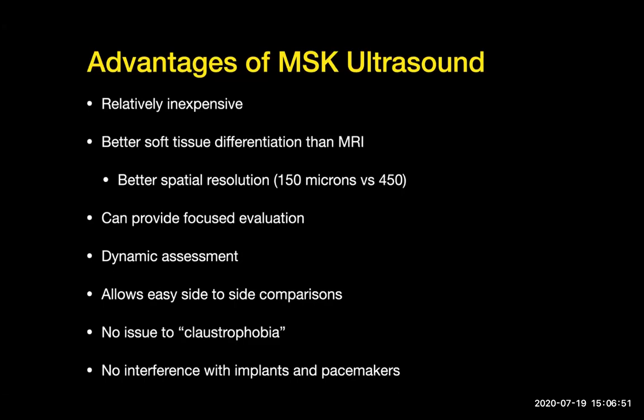It is also a dynamic assessment, as we have mentioned earlier. It also allows easy side-to-side comparison. So if we are not sure about our findings on the affected side, then it is always important to compare with the normal side, hoping that the other side is normal, unless both are affected.